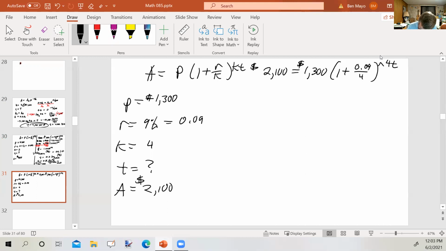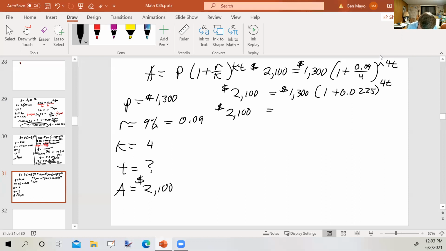Okay, so $2,100 equals $1,300 times 1 plus, let's see, if I take 0.09 divided by 4, I get 0.0225, all to the 4t power.